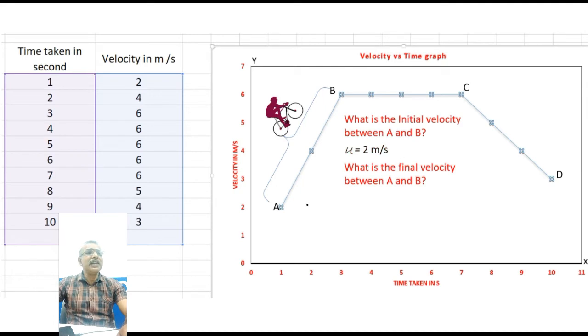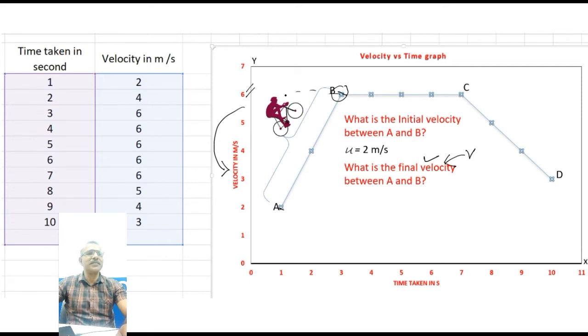Now, what is the final velocity? Final velocity when you consider from A to B. Whatever velocity you get here at point B is the final velocity. When velocity is asked, you have to see the y-axis again, because the y-axis is represented by velocity in meters per second. Now again, small v is taken for final velocity.